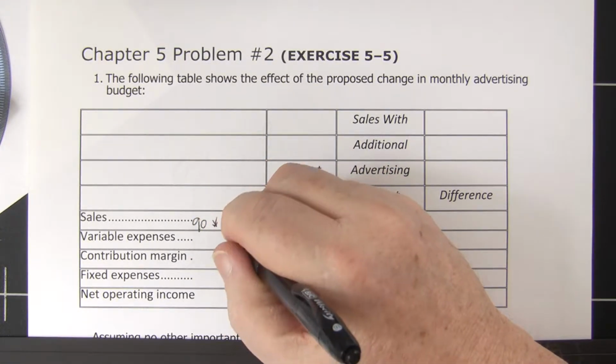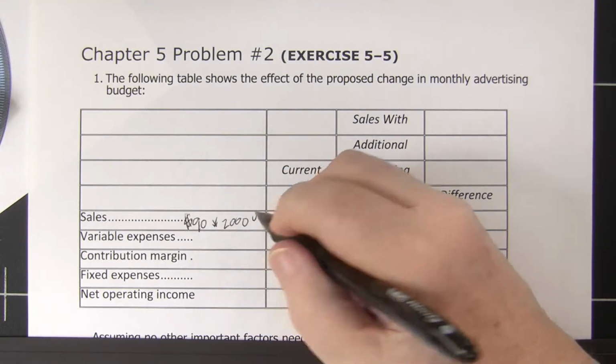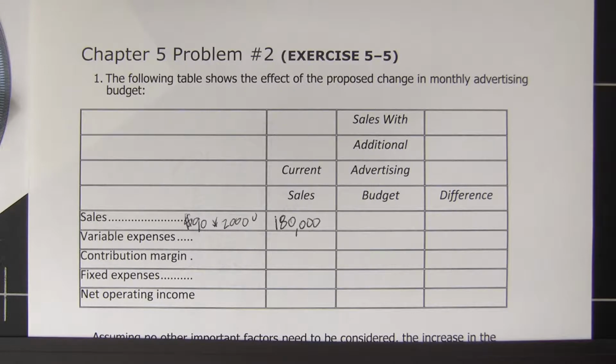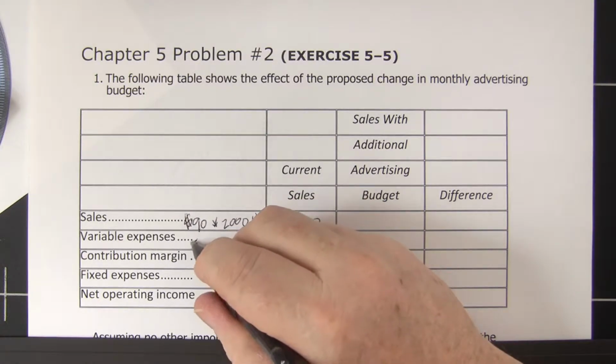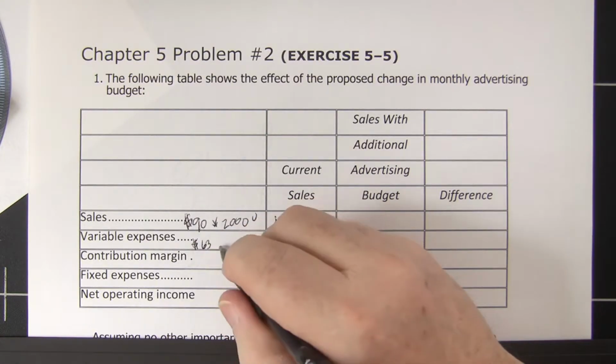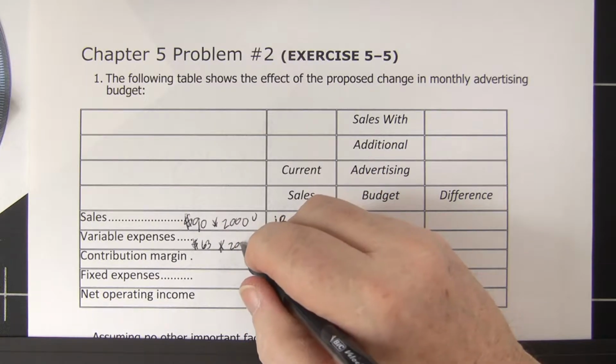90 times 2,000. $90, 2,000 units. And the variable expenses on that was $63 per unit times 2,000 units.